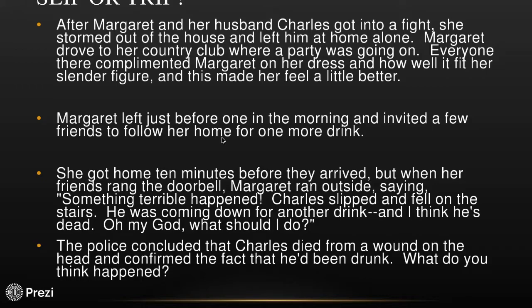Margaret leaves just before 1 in the morning from the country club and invites a few friends to follow her home for one more evening beverage. She got home 10 minutes before the friends arrive. But when her friends rang the doorbell, Margaret ran outside saying something terrible had happened. Charles slipped and fell on the stairs. He was coming down for another drink, and I think he's dead. Oh my God, what should I do?